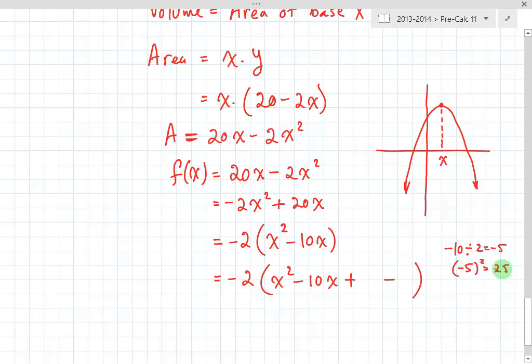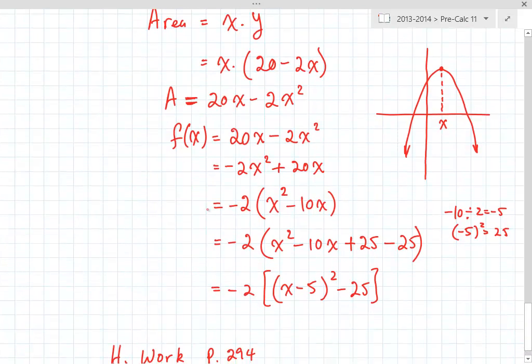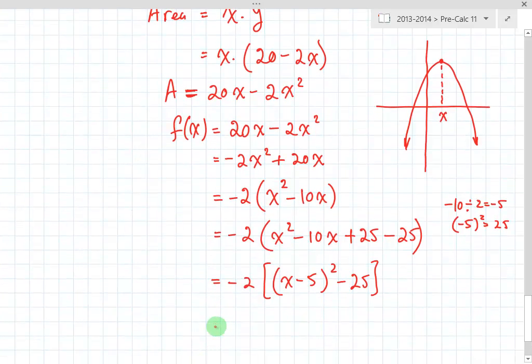I'm going to put this 25 here as plus 25 and minus 25. Now the first three terms of this are a perfect square. So I get negative 2, x minus 5 squared minus 25. Once it's completed, then I'm going to expand it and write it in completed square form. Negative 2, x minus 5 squared plus 50.